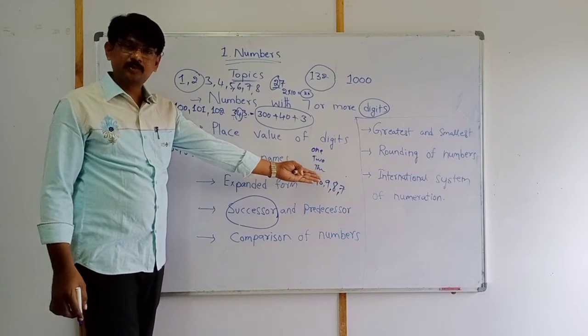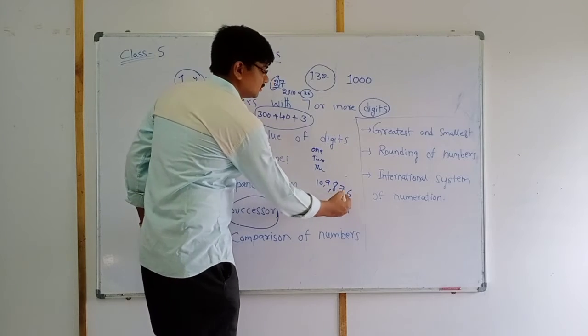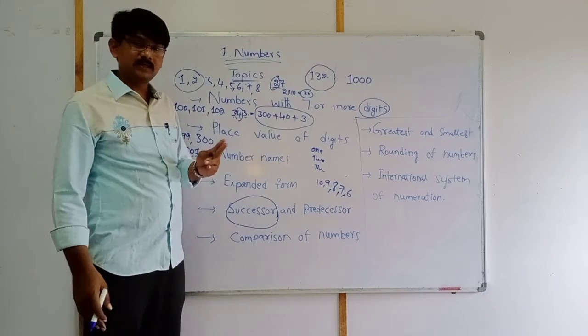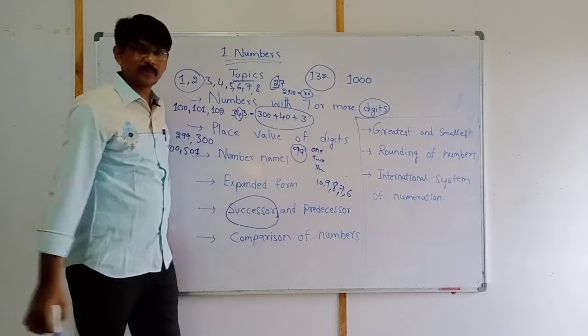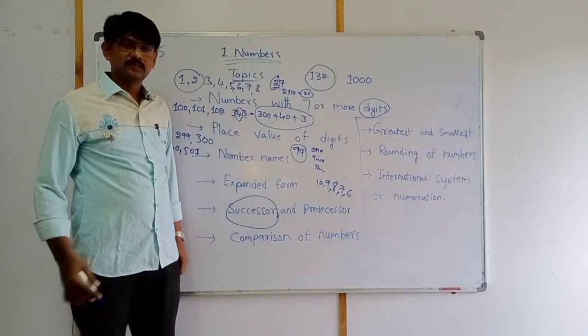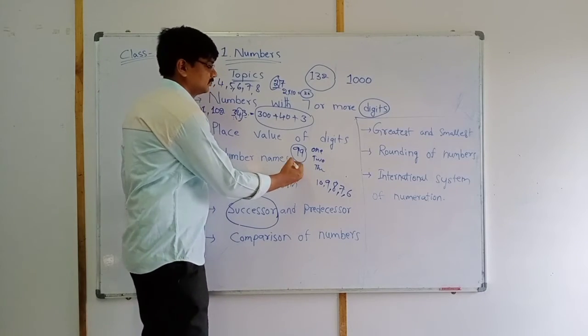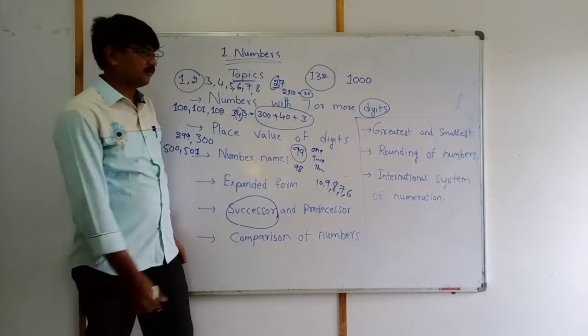Of 7? 6. Clear? What is the predecessor of 99? Just decrease one number. 98.